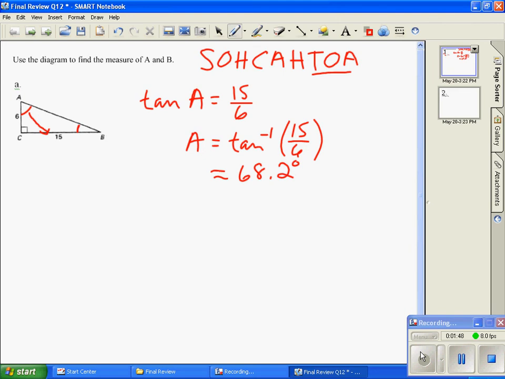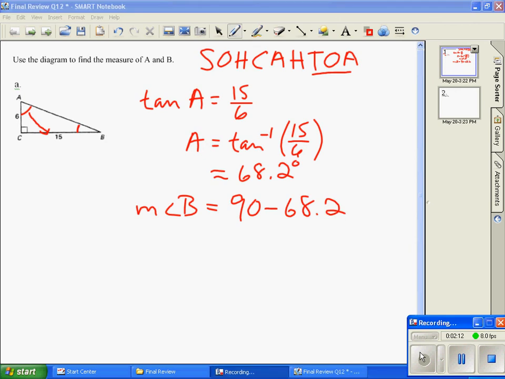Now the second angle can be found by just subtracting the first one from 90. Since the other angle is 90, what's left over for the other two is also 90. So the measure of angle B equals 90 minus 68.2, and that comes out to 21.8.